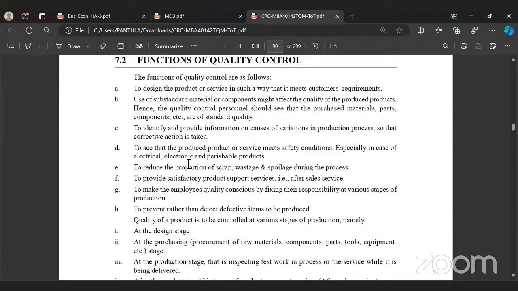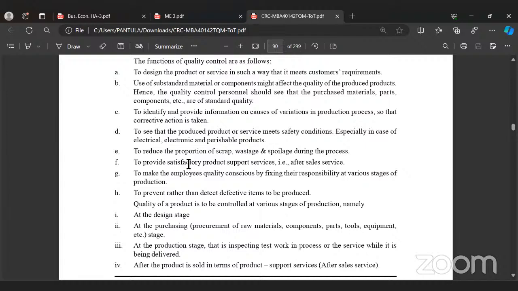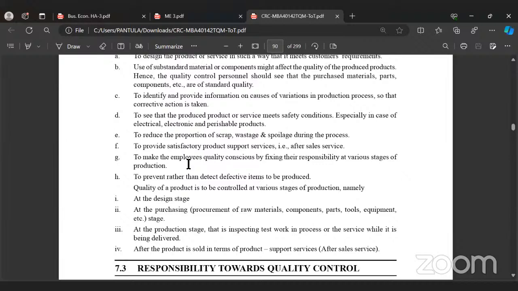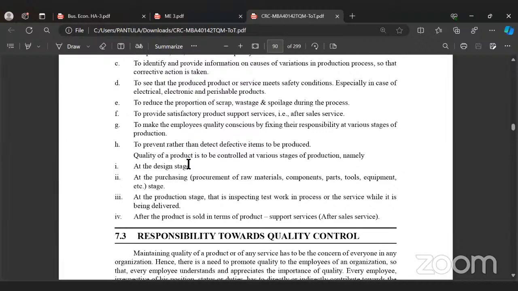Okay, quality. The first thing: the use of substandard material or components might affect the quality of the product, and hence quality control personnel should check purchased materials and parts of components against standards. Identify and improve information on causes of variation in the production process so that corrective action is taken.